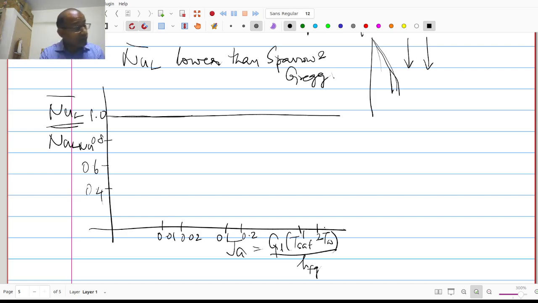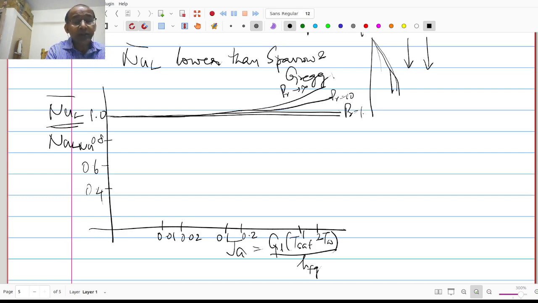What is seen here is that for Prandtl number equal to 1, it goes exactly here. For Prandtl numbers greater than 1, it varies slightly upwards. This is Prandtl number tending to infinity. This is, let's say, Prandtl number equal to 10. This is Prandtl number equal to 1. And for Prandtl number less than 1, it starts departing somewhere close to this 0.2 and goes like that.